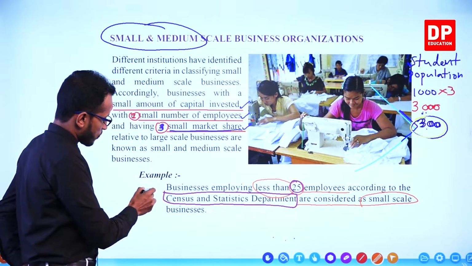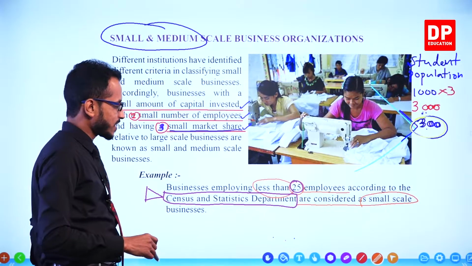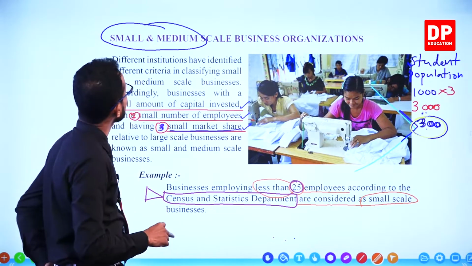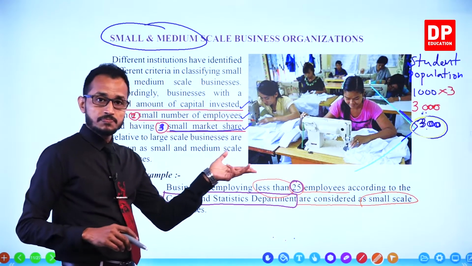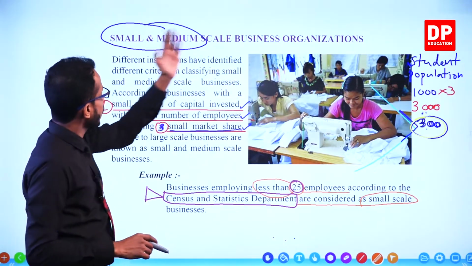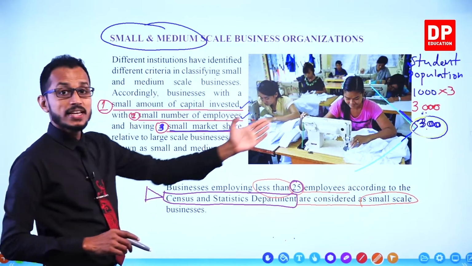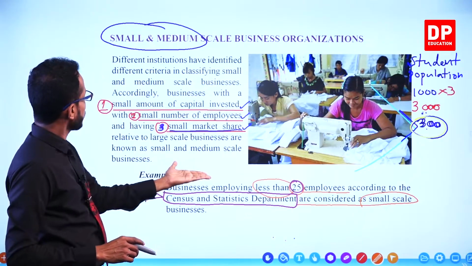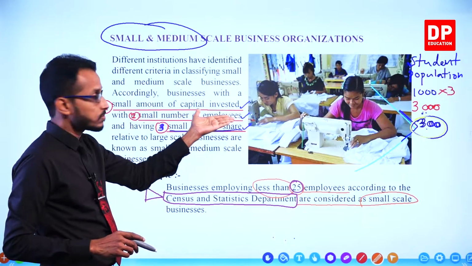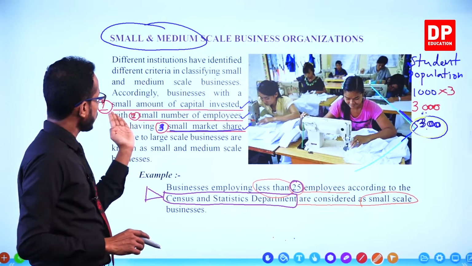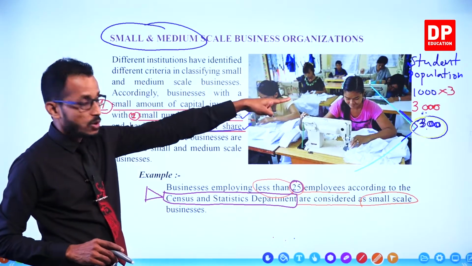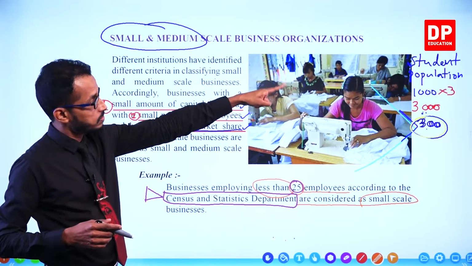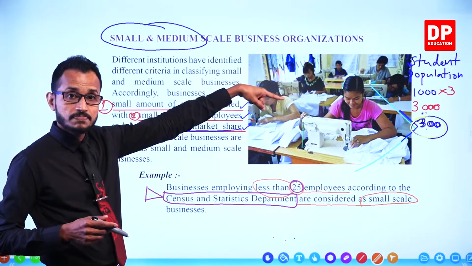Remember this name, children: Census and Statistics Department. That is about small and medium scale businesses. What are the criteria? Amount of capital, number of employees, and market share. I hope you understood my example on market share.